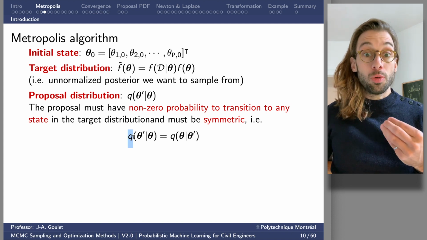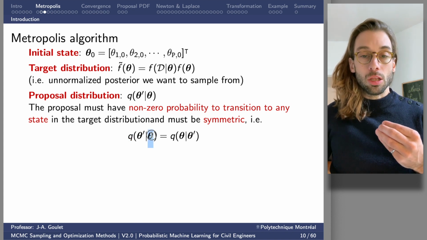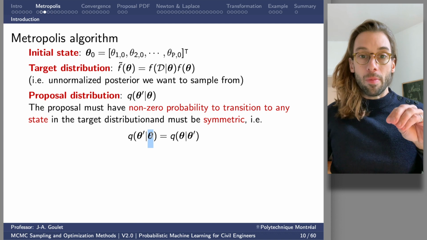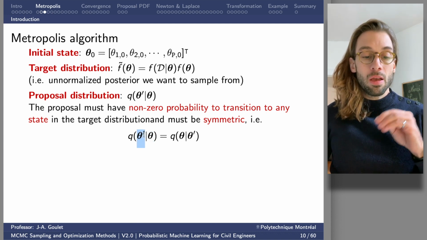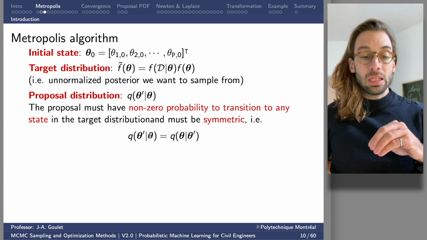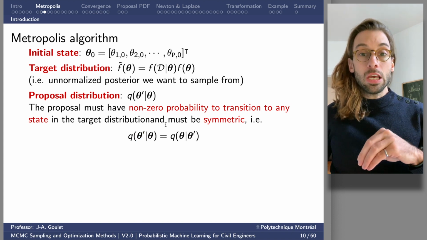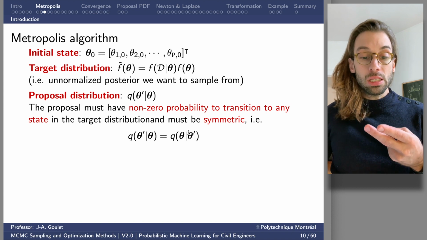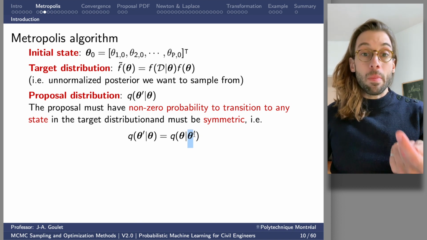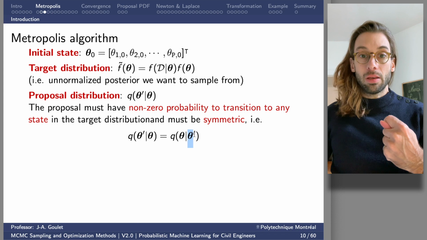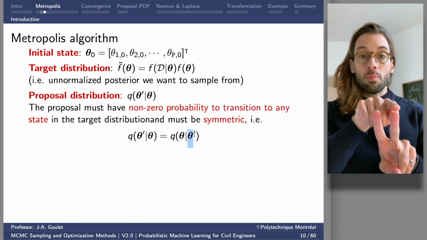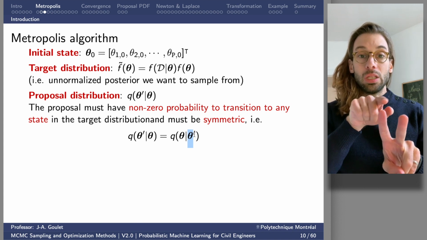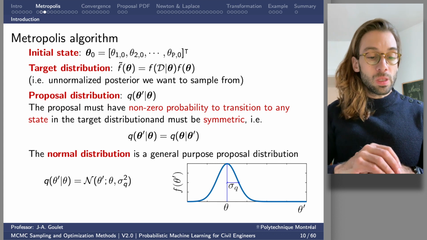This is a conditional probability: if I'm at position theta in my parameter space, the probability of moving to a new position, theta prime, must be equal to the probability of the inverse, which is being at theta prime and coming back to theta. So given two positions, the probability to go from one location to the other must be equal to the probability of being at that other position and coming back to the initial position.